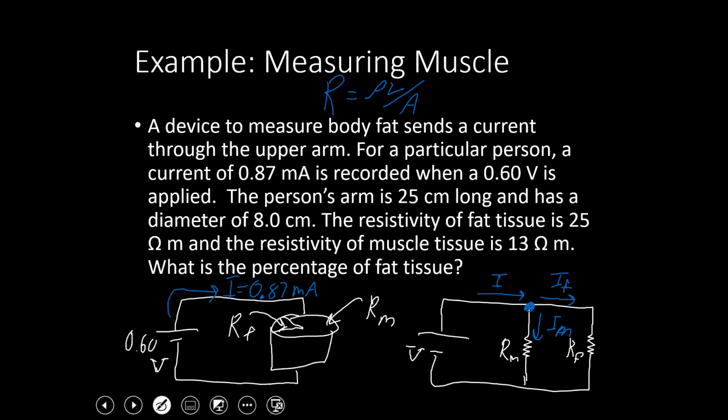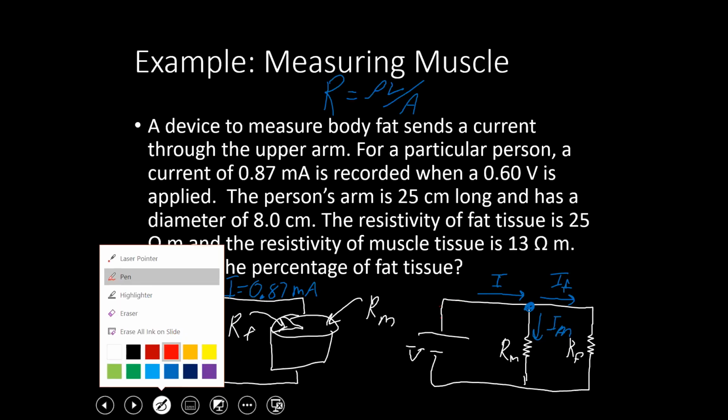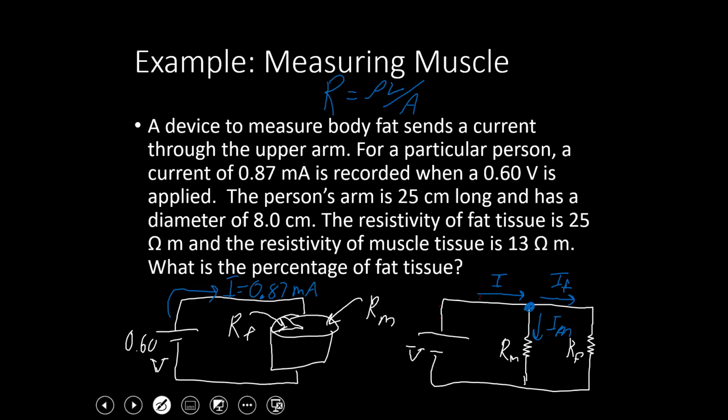What we talked about before is that anywhere along this wire, all of this wire is in contact, and when you have wires in contact, you have the same voltage throughout the wires.